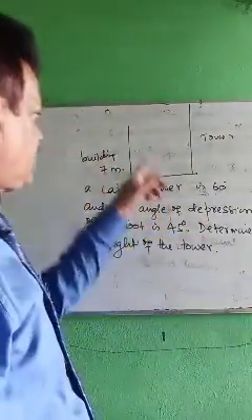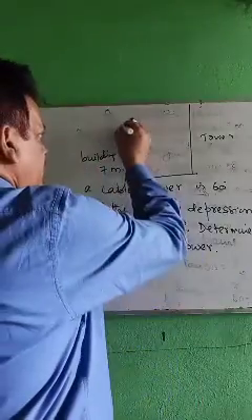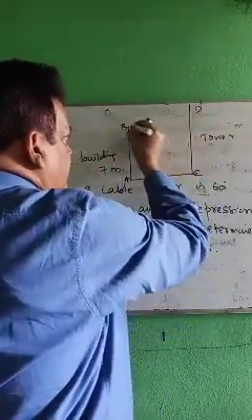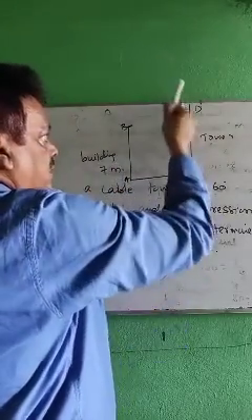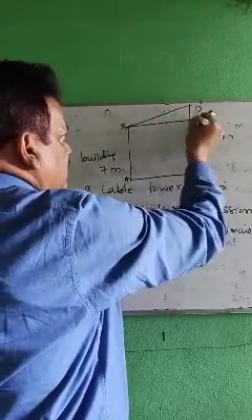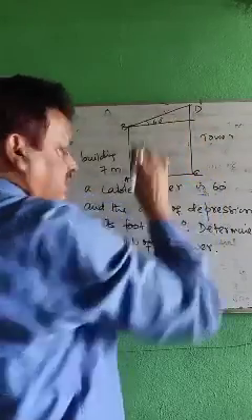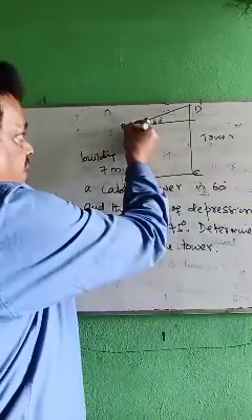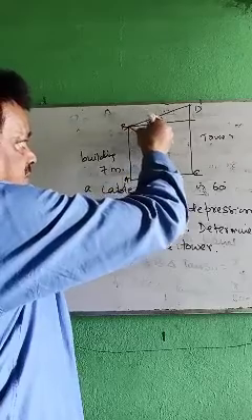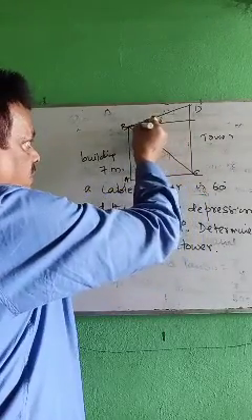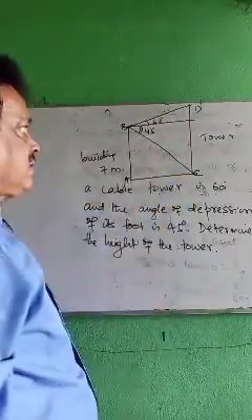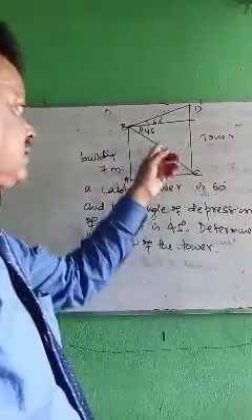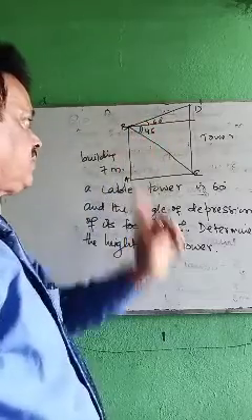This is A, B, this is C, this is D. From the top of the building to the top of the tower, what is the angle? I think 60 degree. Let's check it again. Angle of depression to its foot is 45. Means from this top, angle of depression means it will come down. This angle will be 45 degree. The diagram is not up to scale, but you have to understand. So this is 60 degree, this is 45 degree.